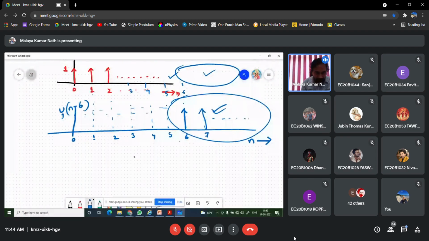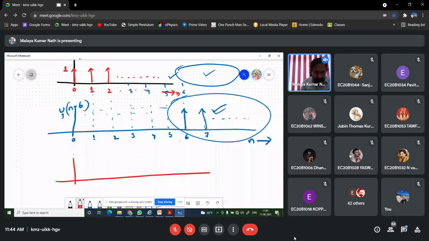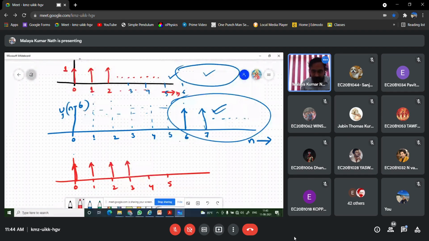So your output will become equal to how much? You will get samples for n equal to 0, 1, 2, 3, 4 and 5. Am I right? I hope it is clear to all of you, or if anybody has any doubt, please tell. So this is nothing but your u of n minus u of n minus 6. Anybody has any doubt, please tell me.